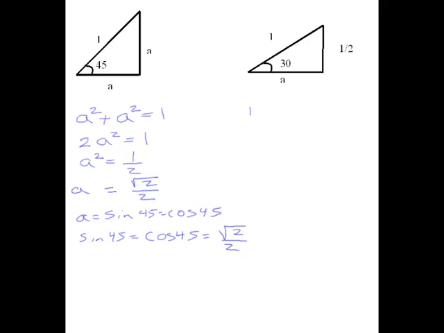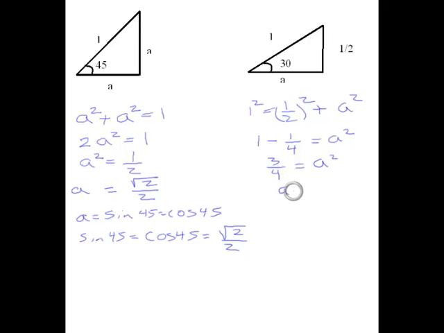For the 30-60-90 triangle, I have, by the Pythagorean theorem, 1 squared is 1/2 squared plus a squared. Moving and isolating a squared by itself, I have 1 minus 1/4 is a squared. This gives me 3/4 is equal to a squared.